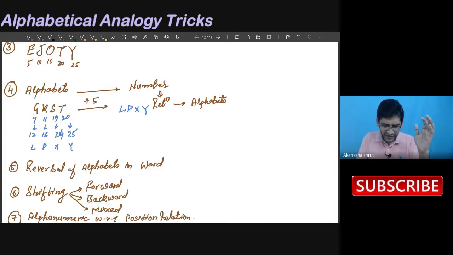So the best way is you just understand the positions of G, K, S, T as 7, 11, 19, 20, and quickly, if all these are shifted by 5, you just increase 7 plus 5 is 12, and quickly write L. So mentally you just think G means 7, plus 5 is 12, means it is L. That way we need to do.